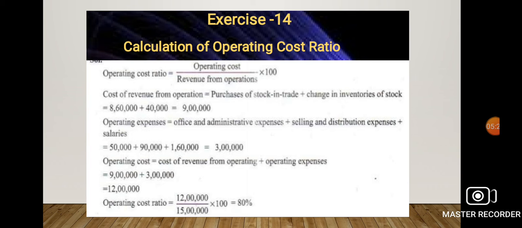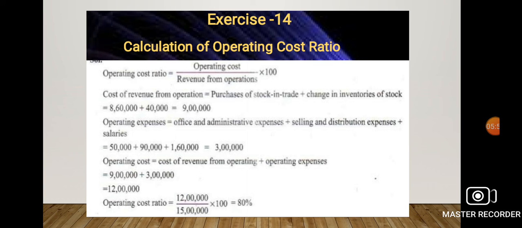Then operating expenses means administration expenses plus selling and distribution expenses plus employee benefit expenses. Employee benefit expense means salaries. Direct expense means wages. Administration expenses 50,000 plus selling and distribution expenses 90,000 plus 1,60,000 as the employee benefit expenses, totally 3 lakh rupees. So 3 lakh rupees is the operating expenses value.